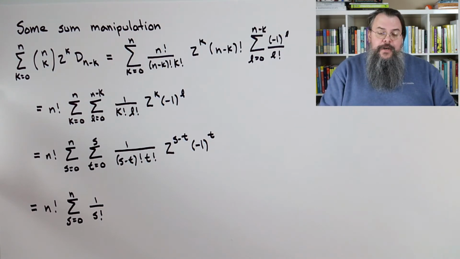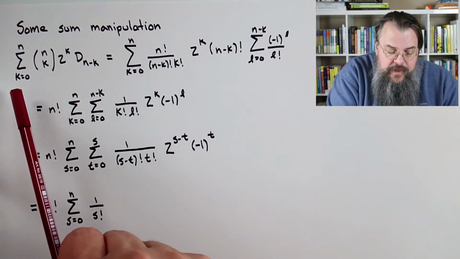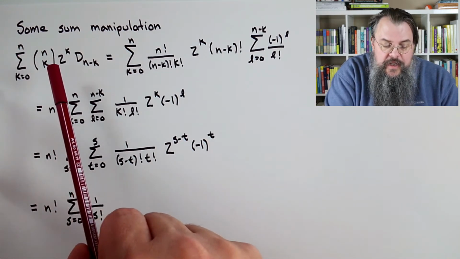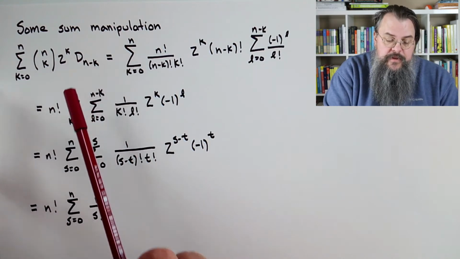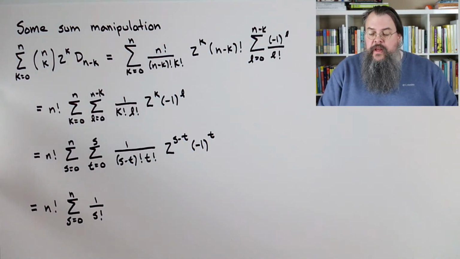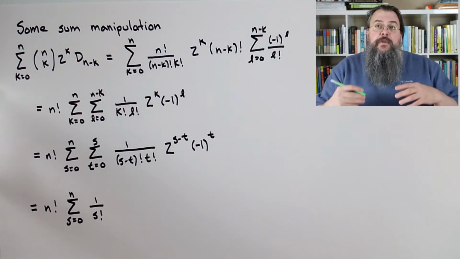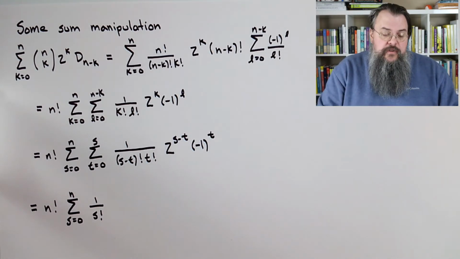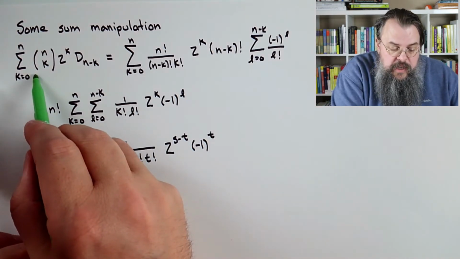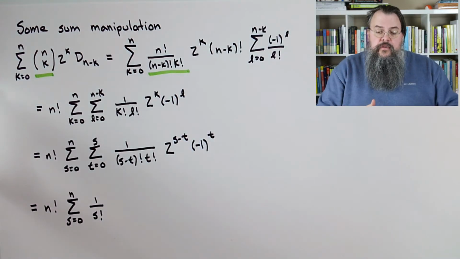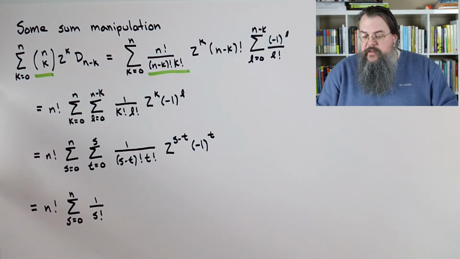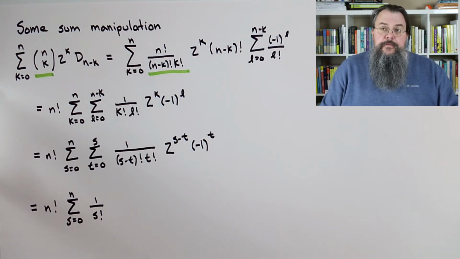We have our initial sum, k from 0 to n, of n choose k, 2 to the k, and then d sub n minus k. Remember, that's the number of derangements of n minus k. Now, what we're going to do is replace things with known expressions. For example, n choose k we can write in terms of factorials, namely n factorial over n minus k factorial times k factorial.